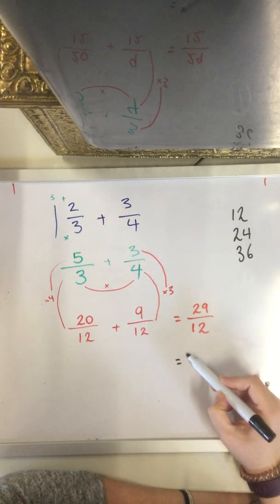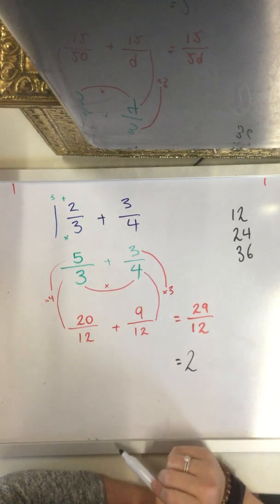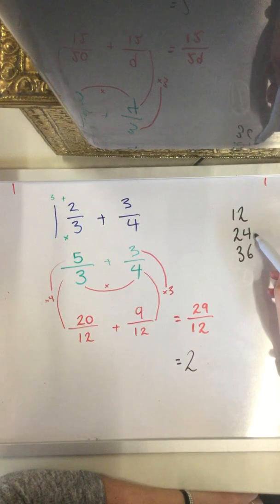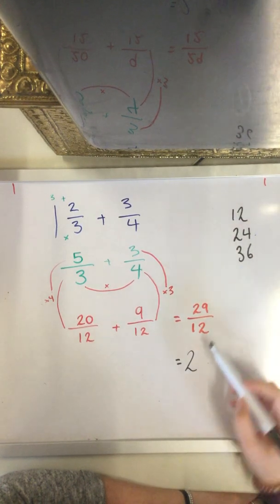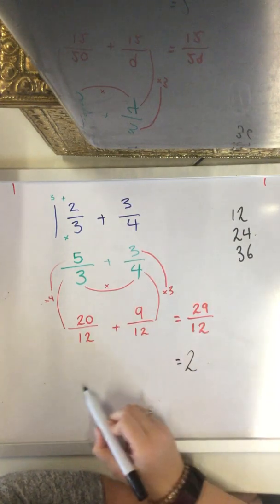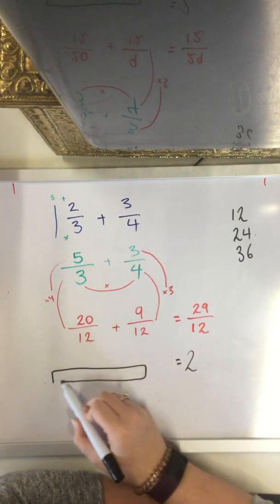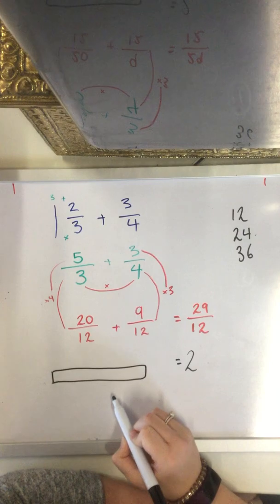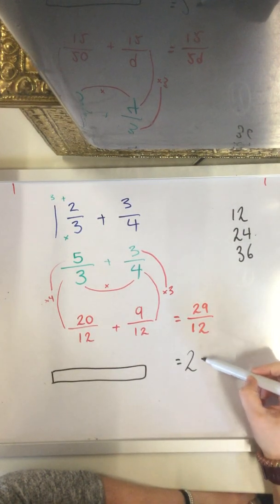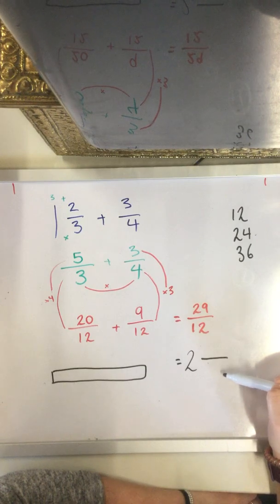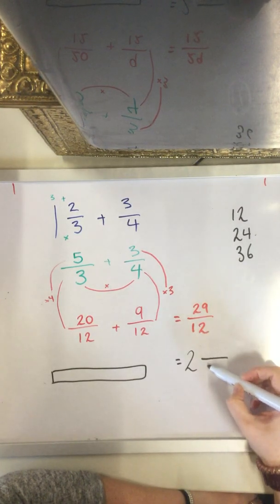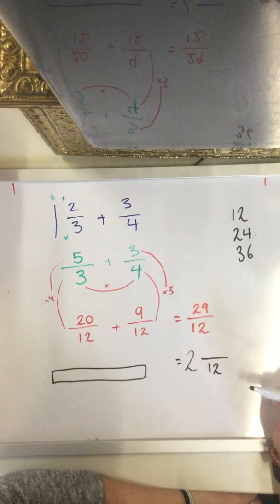So how many 12s will go into 29 if you divided it? Well, I know that's going to give me 2, because 2 lots of 12 is 24. So I've got 2 whole lots of 12. If I was drawing a diagram out, this would have 12 pieces made up of it. So we've got 2 whole lots. And then we have to ask ourselves, what's going to be left over? Now, first thing is that our denominator is going to stay the same.